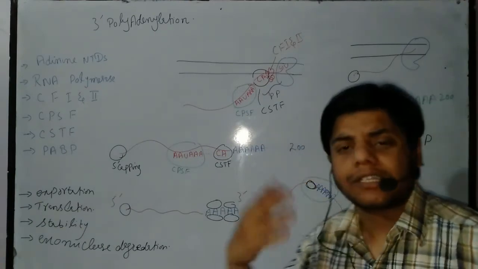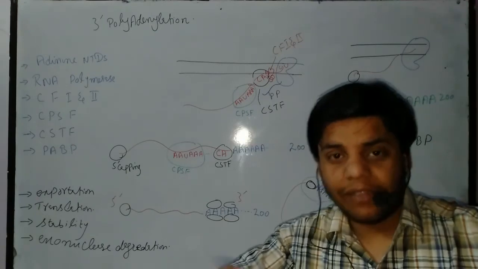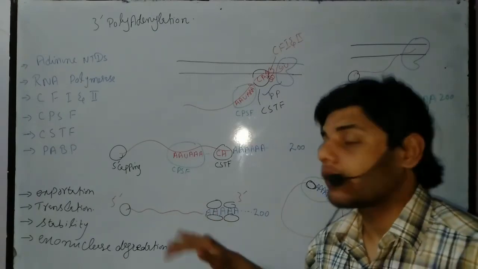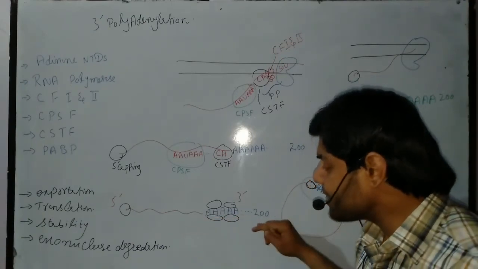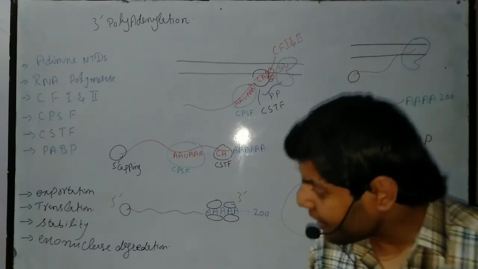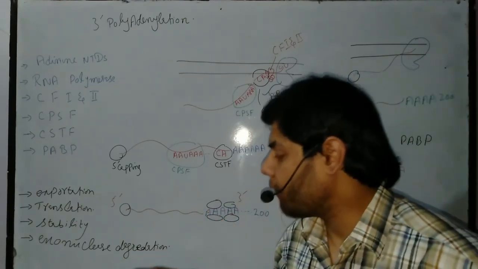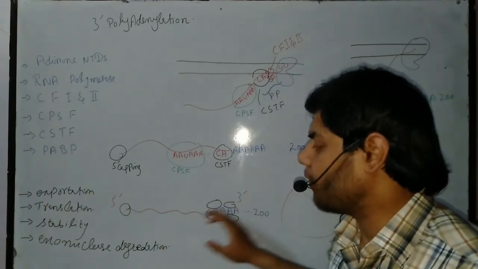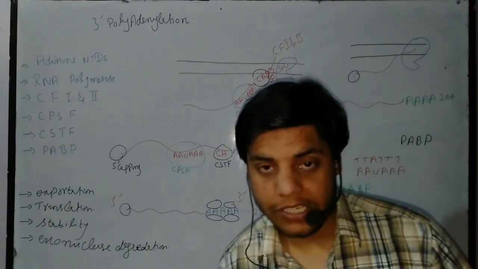Let's suppose 5 to 10 nucleotides it will cleave out, but the remaining adenine nucleotides are already present. So it means these areas are not needed. So we can say, due to this 3' polyadenylation, we have also protected the mRNA from exonuclease degradation. That's why 3' polyadenylation is also important.